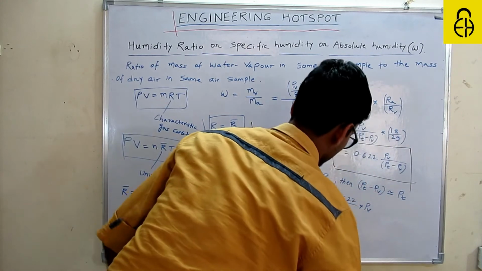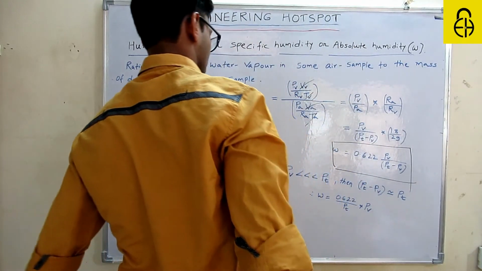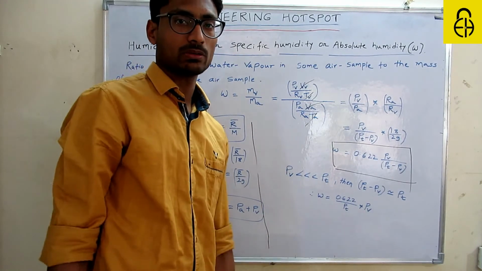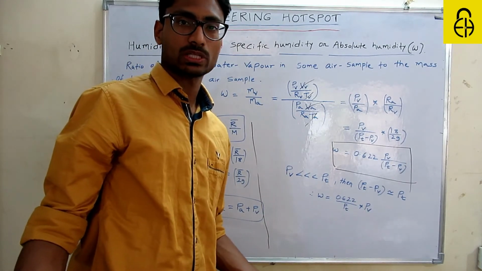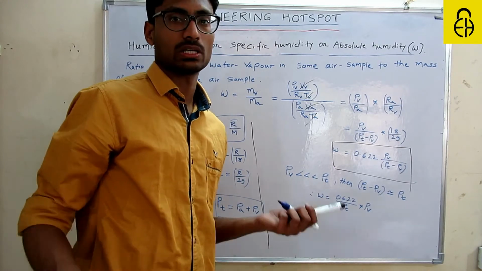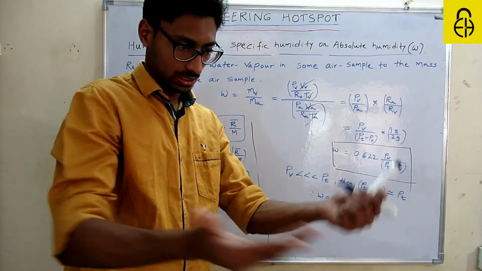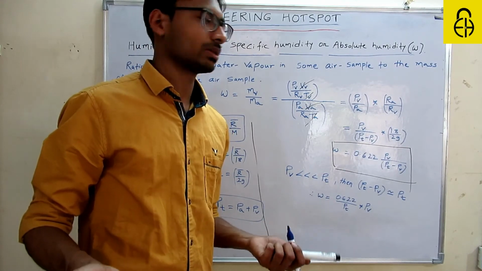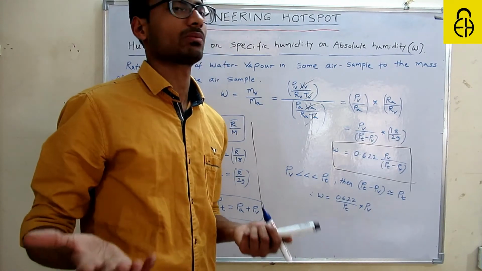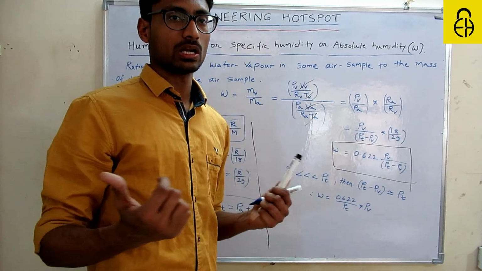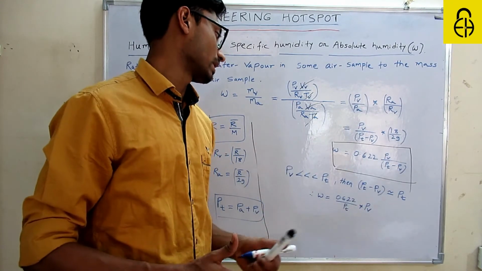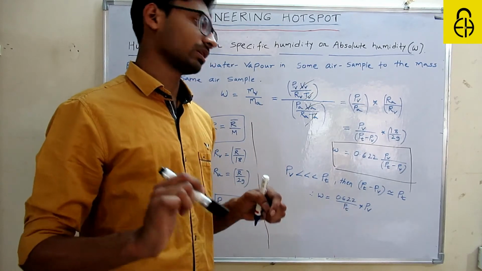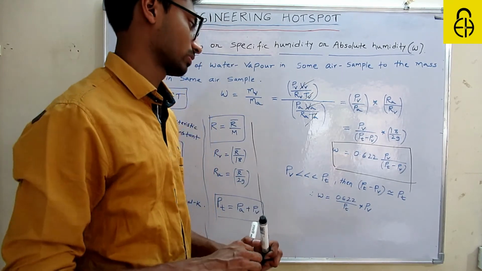Since the total pressure is measured by the barometer, it will not change unless you change the number of molecules present in the surroundings or in the container. In the given situation, PT will remain constant.